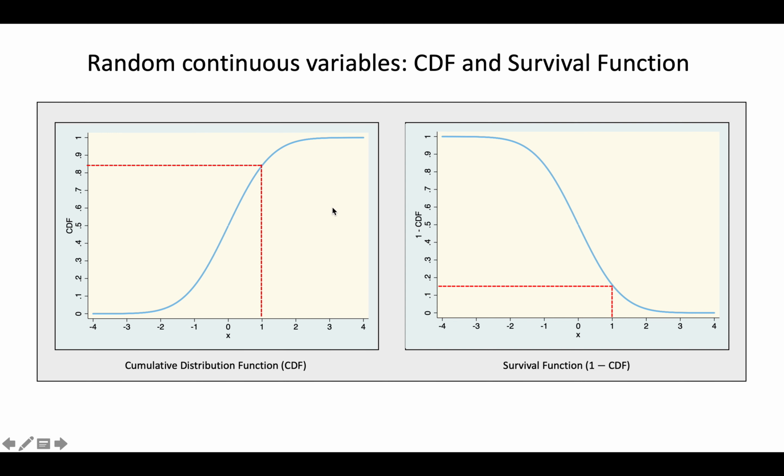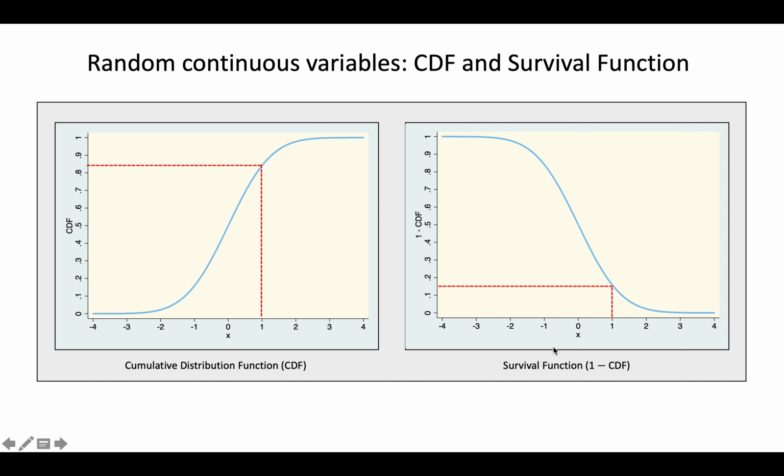And then there is a relationship between the CDF and the survival function. So basically, as I said, the CDF is the probability that the random variable takes a value of more than 1, or more or equal than 1. So in this particular example, that probability is going to be like 84 or 83%.